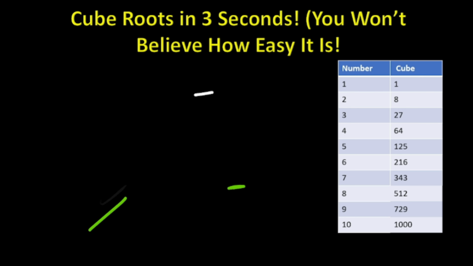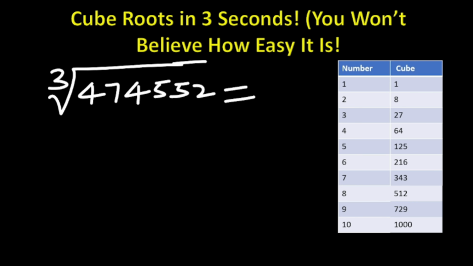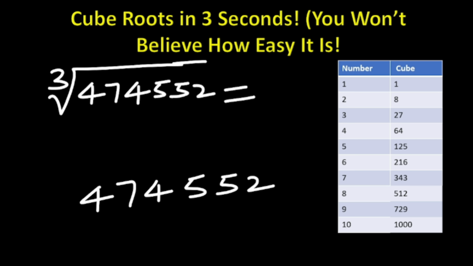Say we are finding the cube root of another number, say the number 474552. Let's see what is the cube root of this number. Again, to find the cube root, we write the number 474552, and then you always separate the right side 3 digits from the rest.